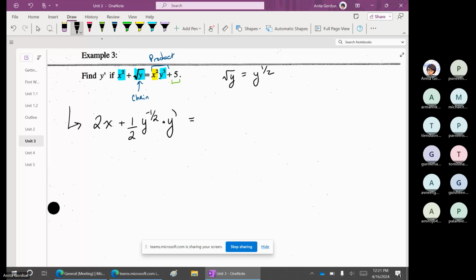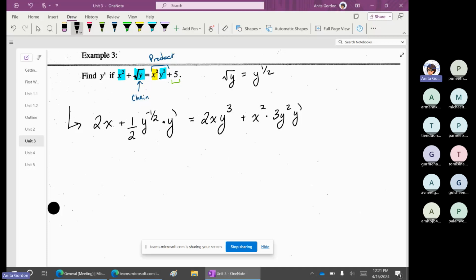Equals derivative of the first times the second unchanged plus the first one unchanged times the derivative of the second, which is a chain rule. So you can also think of it as every time you do the derivative of y, you have to multiply it by y prime.